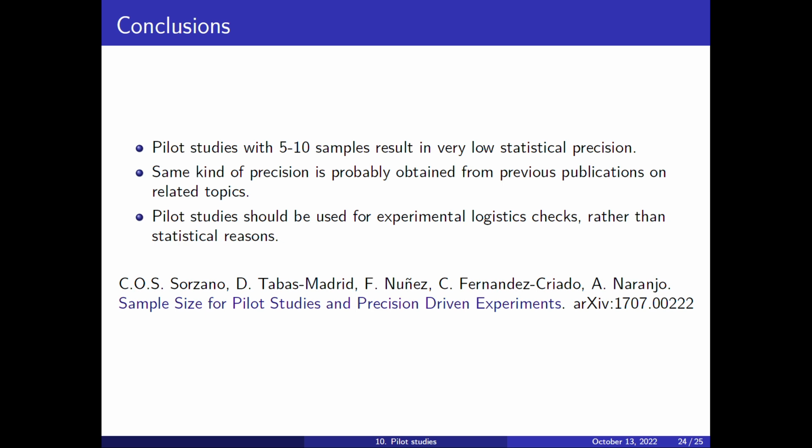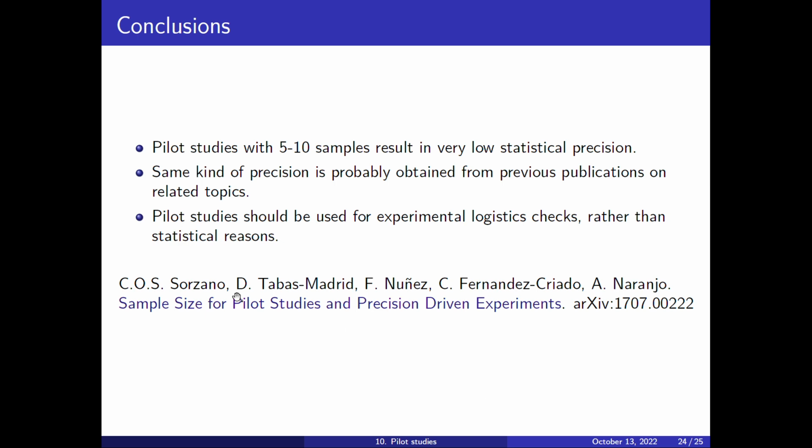So unless what you are measuring is an alien, if it is absolutely unknown, then you will have to pick up a few observations and see how variable it is and what is the ballpark value of those means and standard deviations. But otherwise, you get very low information from pilot studies.